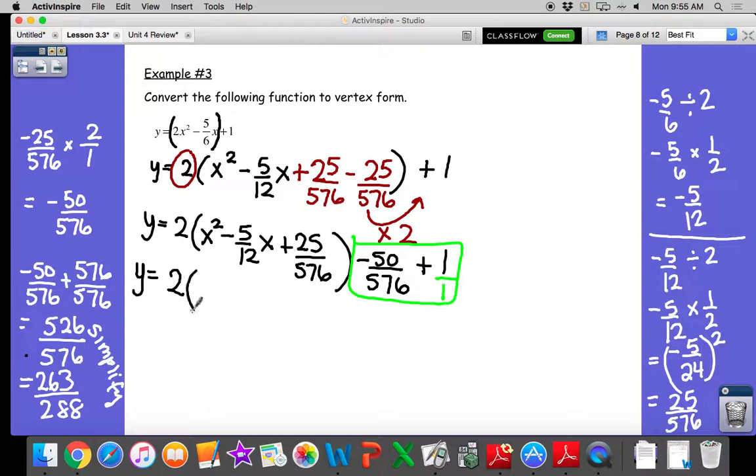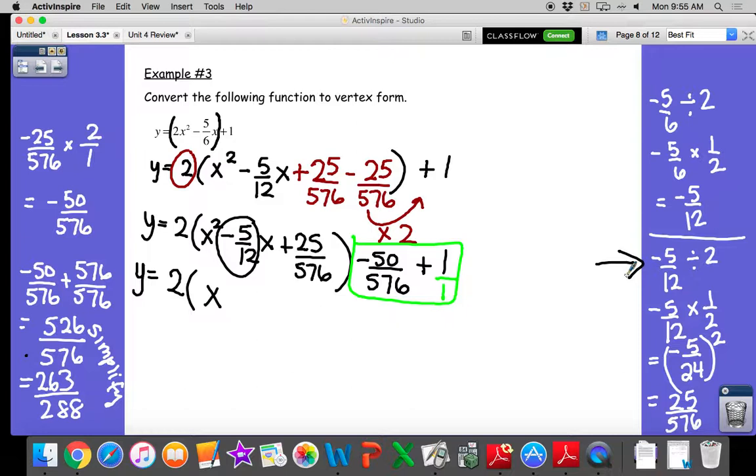The next thing I also want to do is factor this. Right now we have the ax squared plus bx plus c form. I want to factor it so it looks like x minus p squared. The trick is it's always going to be half of this number. We already did that step to the side right here. So we already took half that number.